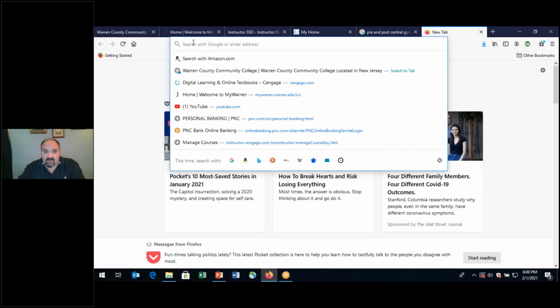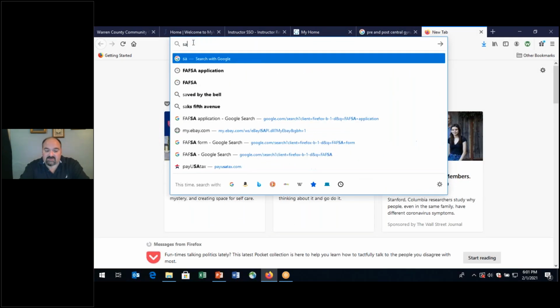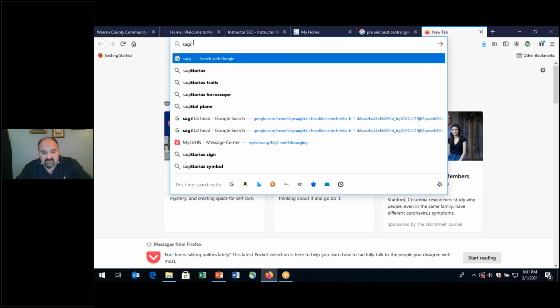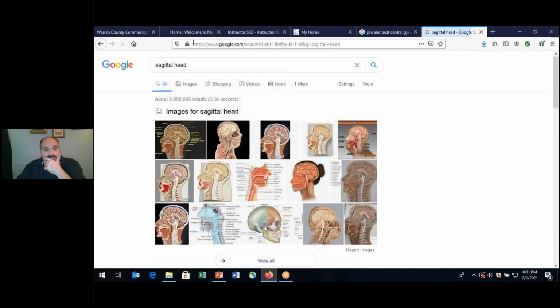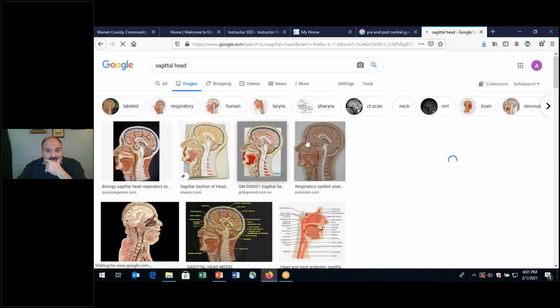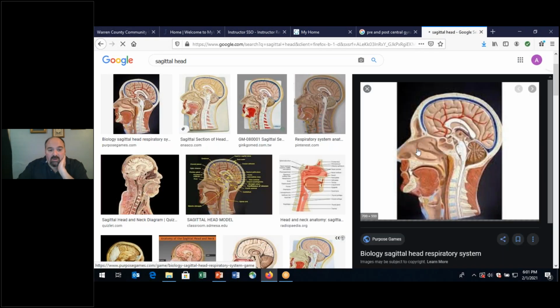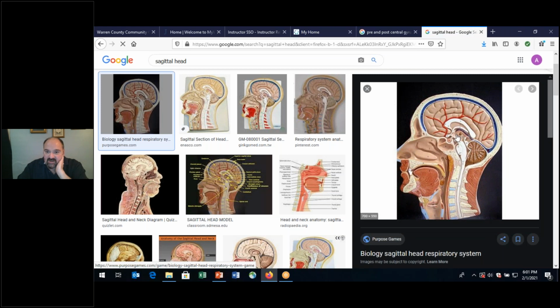Next image here, again, that's why I was going to the sagittal. Recall this region right here, the third ventricle, contains primarily the thalamus.